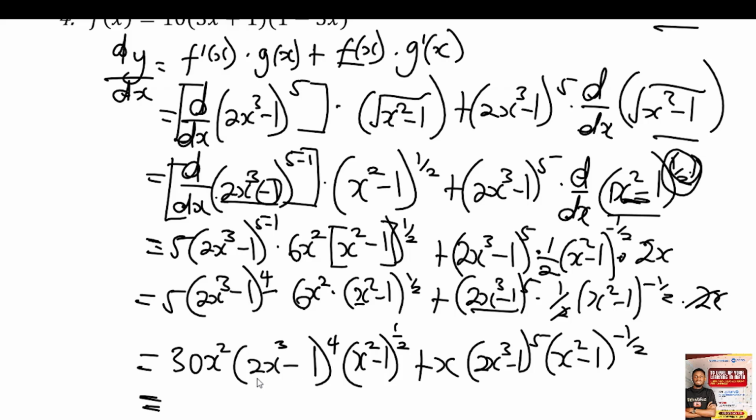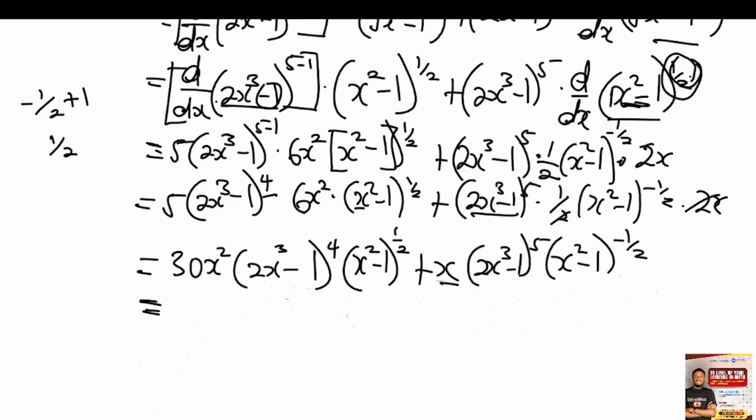Then we have (x² minus 1) here too. But we know that negative 1 on 2 plus 1 will give us half. So we can bring negative 1 on 2 out too. So therefore, let's factorize.